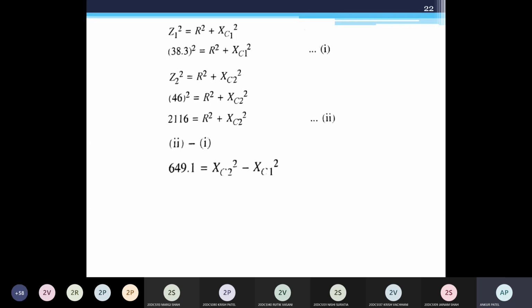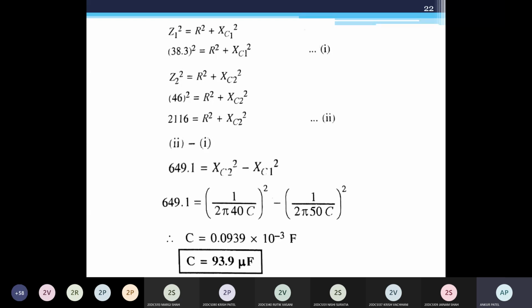We will have 649.1 equal to XC2 squared minus XC1 squared after subtracting. So 649.1 is equal to 1 upon 2 pi 40 C minus 1 upon 2 pi 50 C. So C is equal to, are you getting this? Just check this answer. Is it right or wrong?